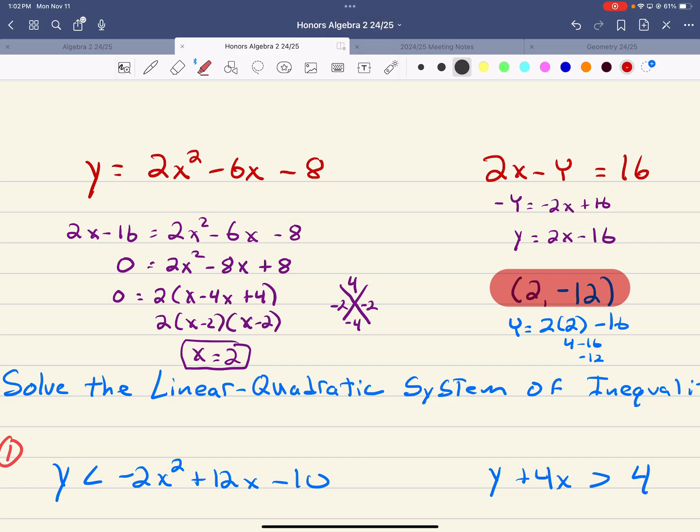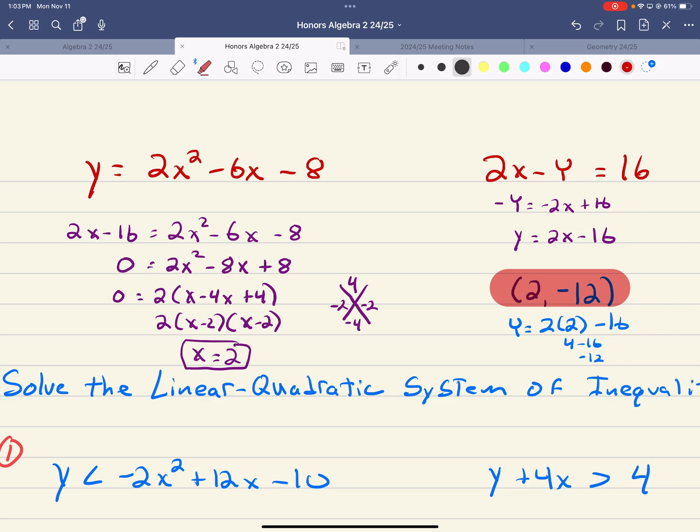All right, if you peek up, you should have got 2, -12. So I get y equals 2x minus 16. Substitute it back into my quadratic one, so I know what y is equal to. Subtract 2x and add 16, that gives me 2x squared minus 8x plus 8.